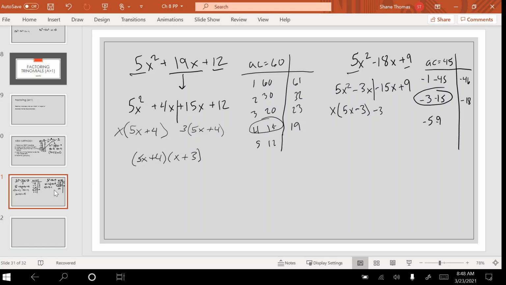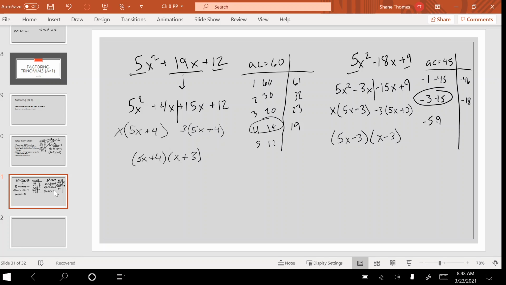And I need to make that positive 5. So that I take out that negative 3, 5x plus 3. Do I have a common parenthesis? Yes, I do. 5x minus 3, x minus 3. Boom. How's that feel? Give me a thumbs up if you're all right with that.